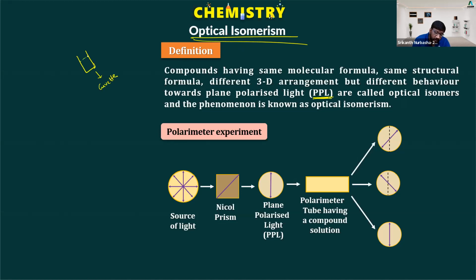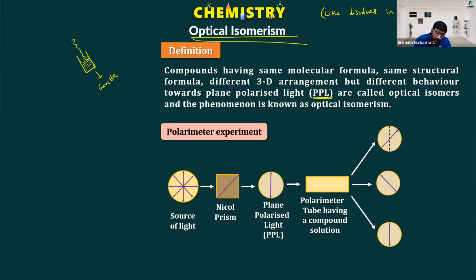In this cuvette, we will be adding the desired organic solvent. The solvent has to be chosen in such a way that the organic compound is going to be dissolved. Whenever you are choosing the solvent, you have to follow the principle like dissolves like. That is, polar solute dissolves in polar solvent, non-polar solute dissolves in non-polar solvent. Like dissolves like. Yes or no?